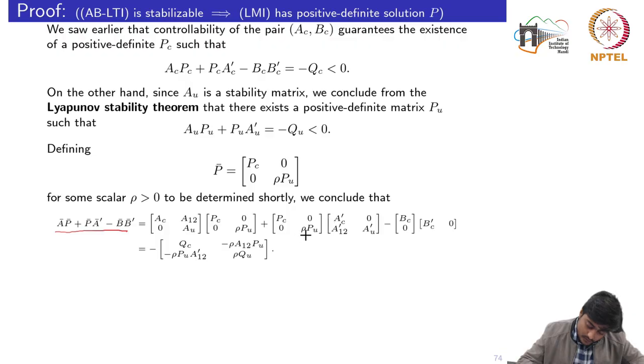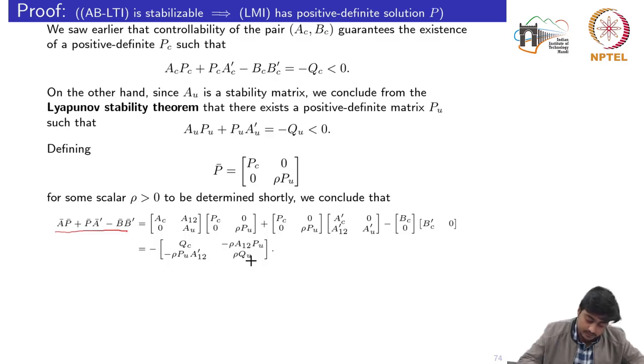And seeing the last element, rho is a scalar, so I can write AU PU plus PU AU transpose, which is nothing but minus QU.